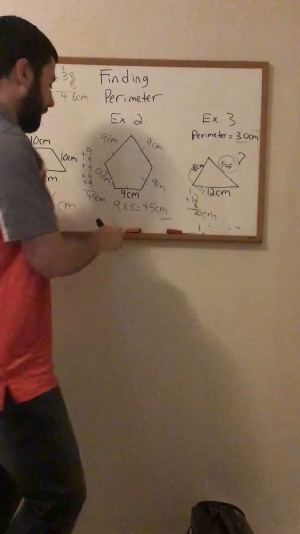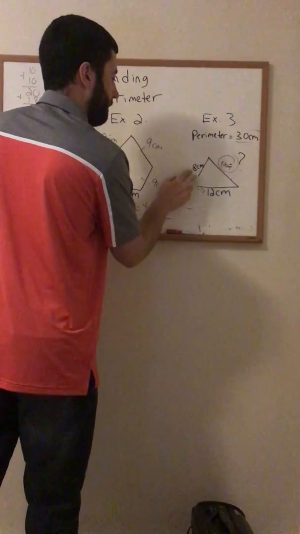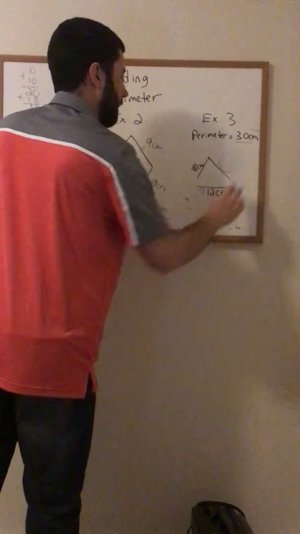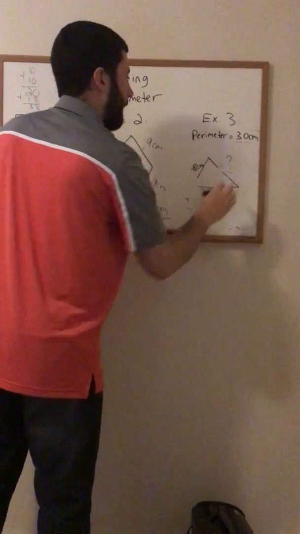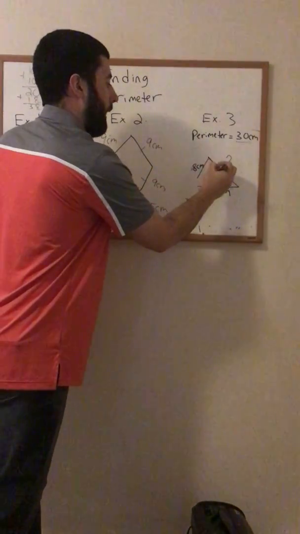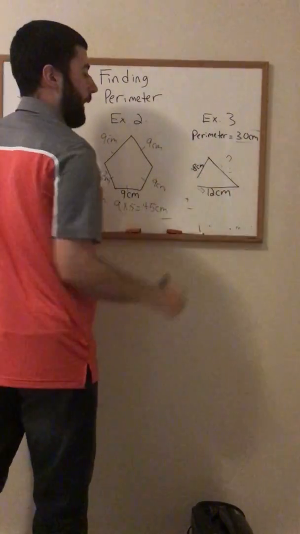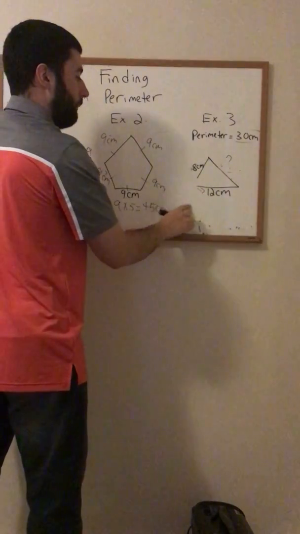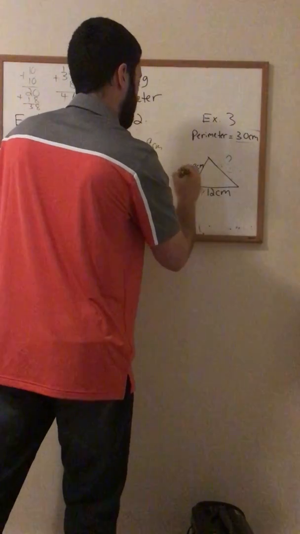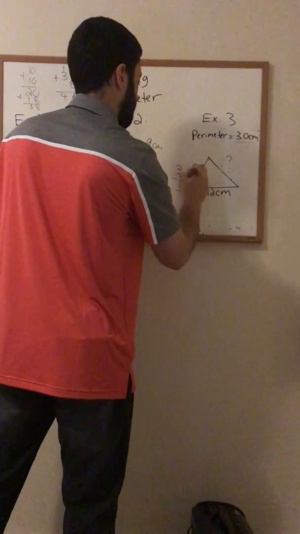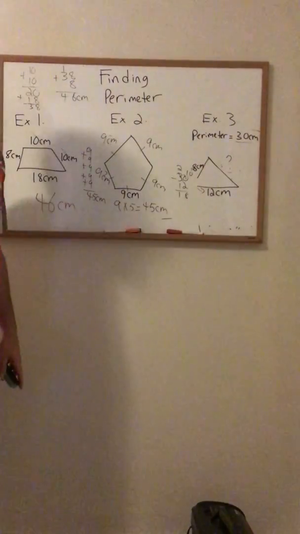Another thing you could do is, let me find my eraser. Let me erase this. Another thing you could do is, say you were trying to figure out this side. You could take your total, so you know this figure is going to be 30 centimeters in total. So what you could do is start by subtracting. So 30 minus 12 would be 18.